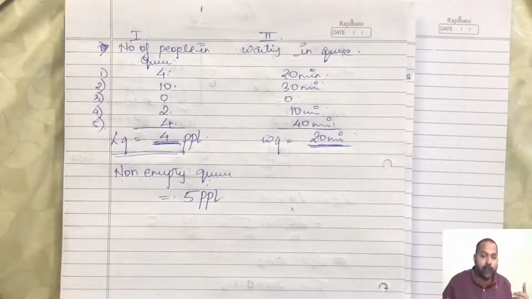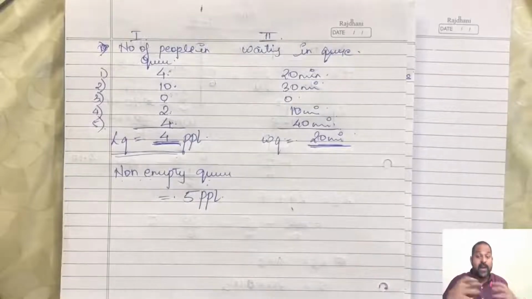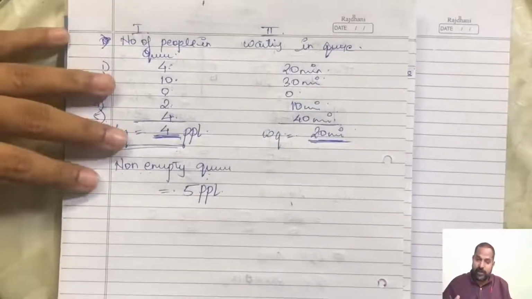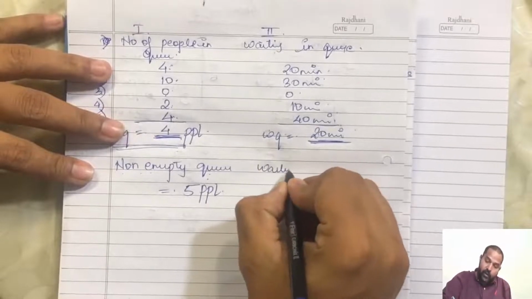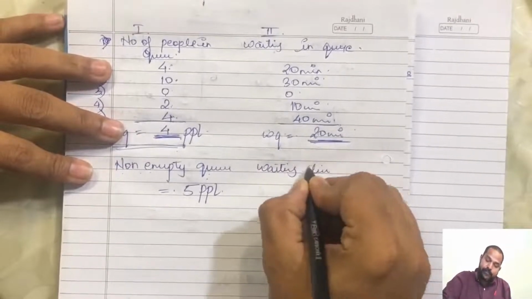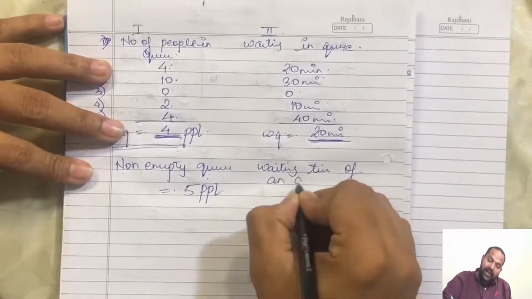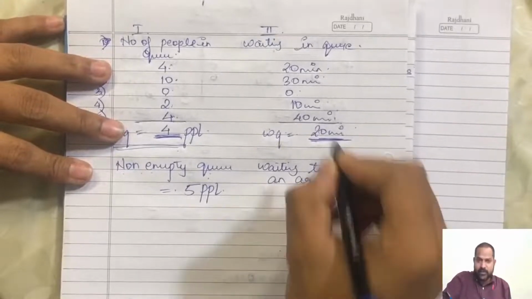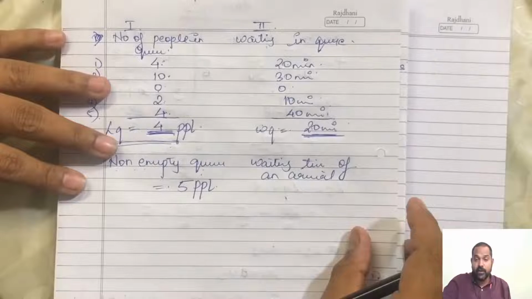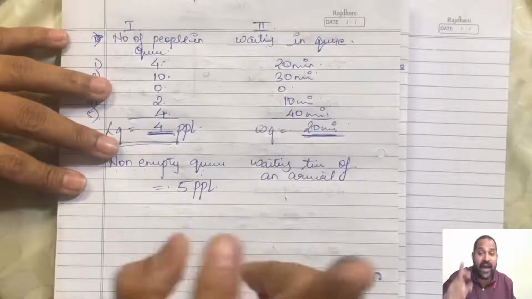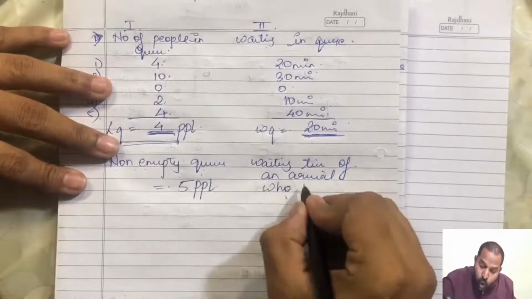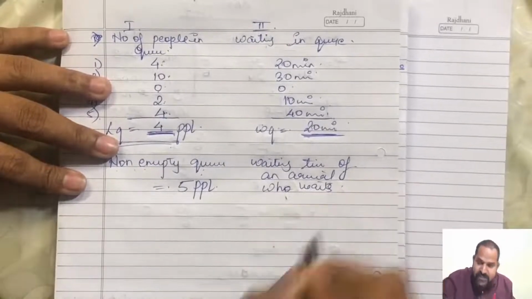But then because you are posing this problem now, let me introduce you to another concept. And that concept is we are going to find the waiting time of an arrival. Correct? This is waiting time of an arrival. We are going to find waiting time of an arrival who waits.